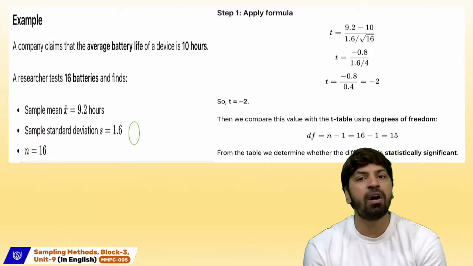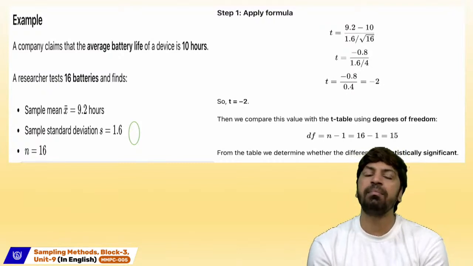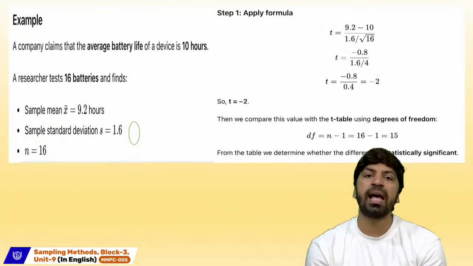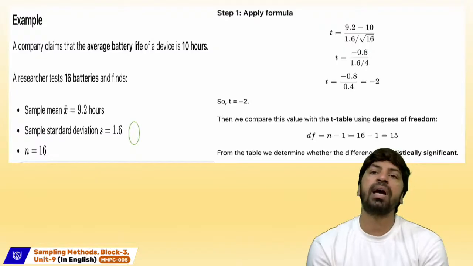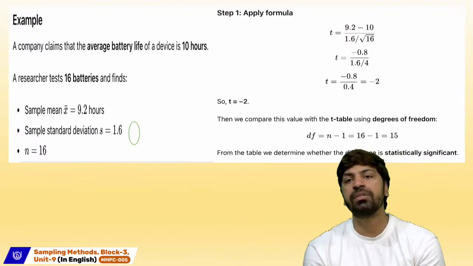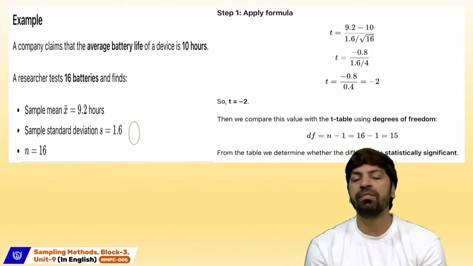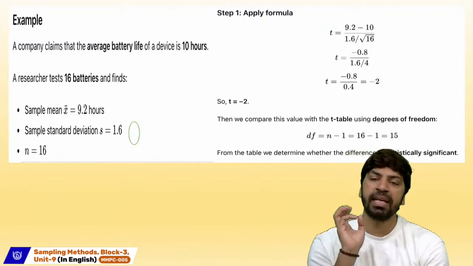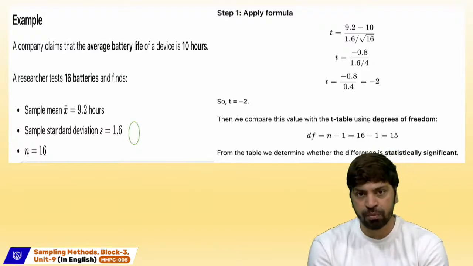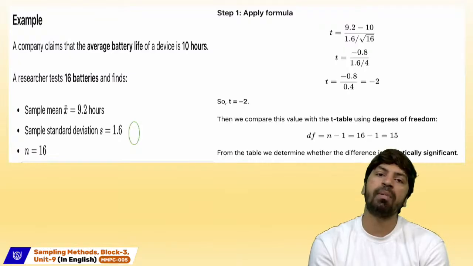So apply the formula where the sample mean and population mean are also given. We just put the values into the formula: 9.2 minus 10, the standard deviation is 1.6 and n is 16. When we put the values into the formula, we can easily calculate the t-score value, that is minus 2. That means t is equal to minus 2.